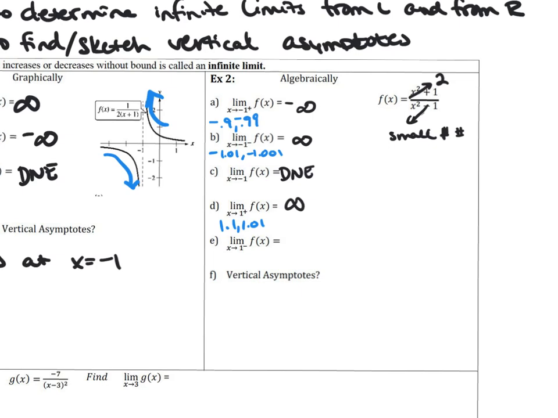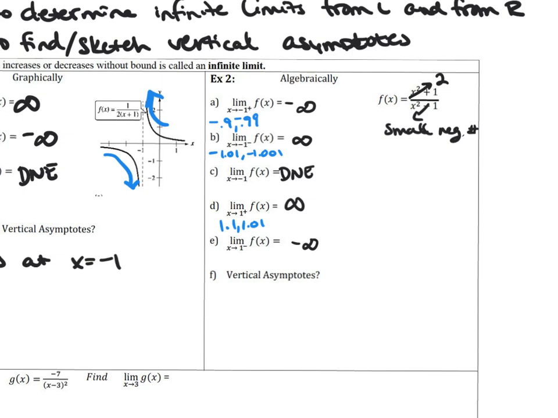And then finally, if we consider what happens when we look at the limit as x approaches 1 from the left, our numerator will again be 2, but our denominator will have a very small negative number, which means that this will be approaching negative infinity.